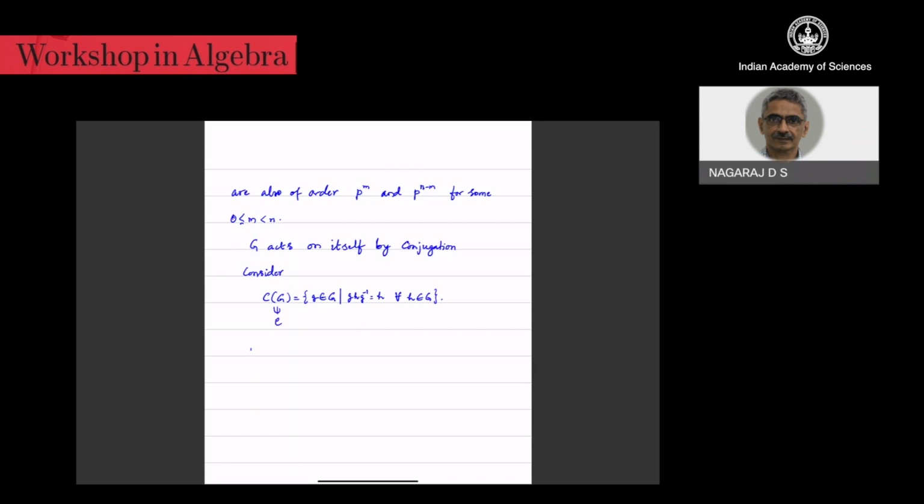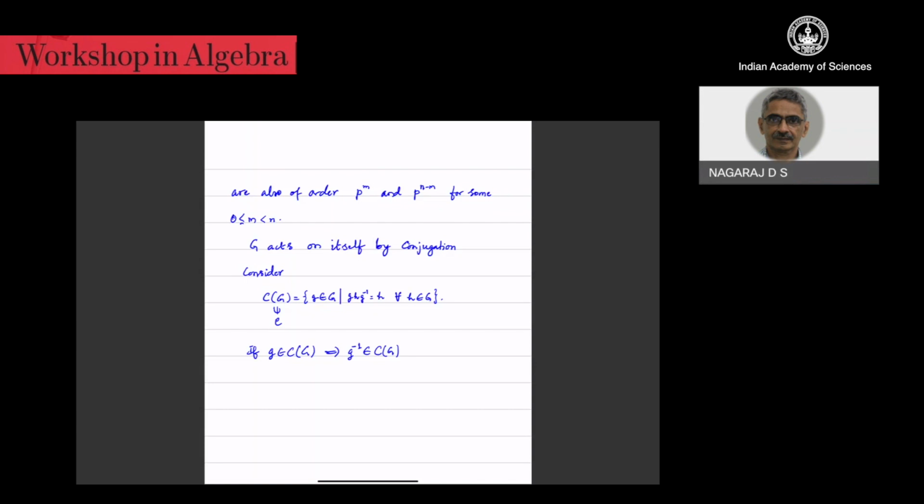So g belongs to C(G) implies g inverse belongs to C(G). Because if you look at the equation g h g inverse equals h for all h in G, and apply g inverse on the left hand side and g on the right hand side, I get h equals g inverse h g.